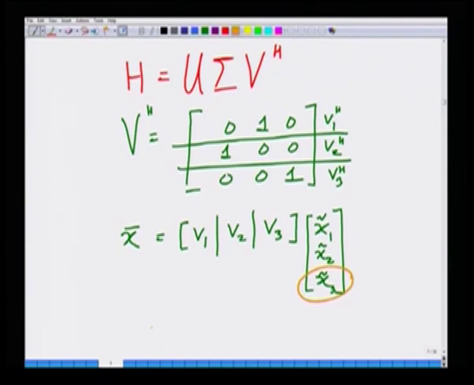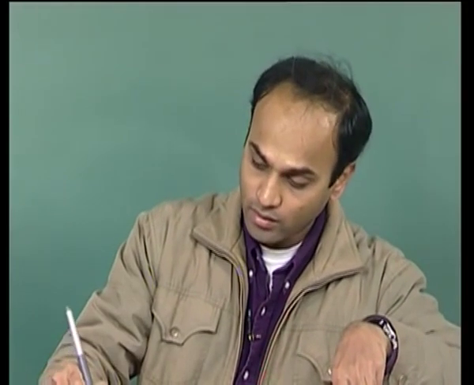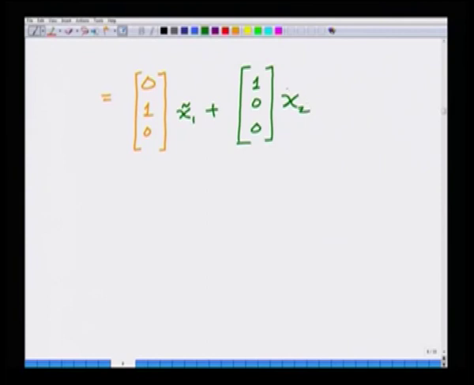So, I will remove this. Hence, this is simply V 1 times x 1 tilde plus V 2 times x 2 tilde, which can be written as vector 0 1 0 times x 1 tilde plus vector 1 0 0 times x 2 tilde. Remember, these are the vectors V 1 and V 2. These are also the beam forming vectors.